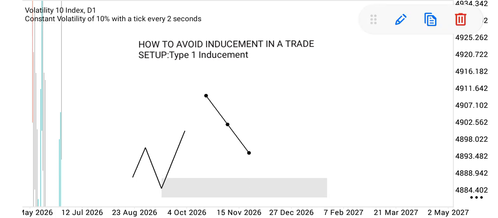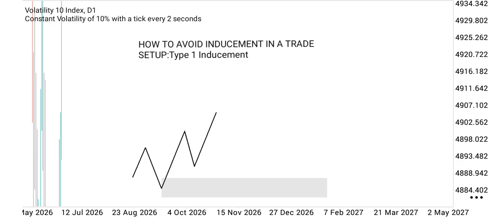Now, if you haven't marked this point out, you see the market do something again like this after the break of structure.